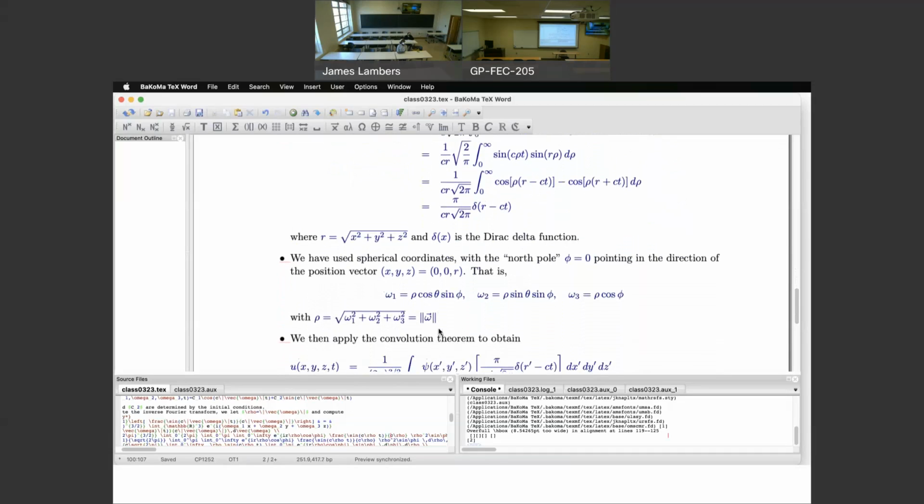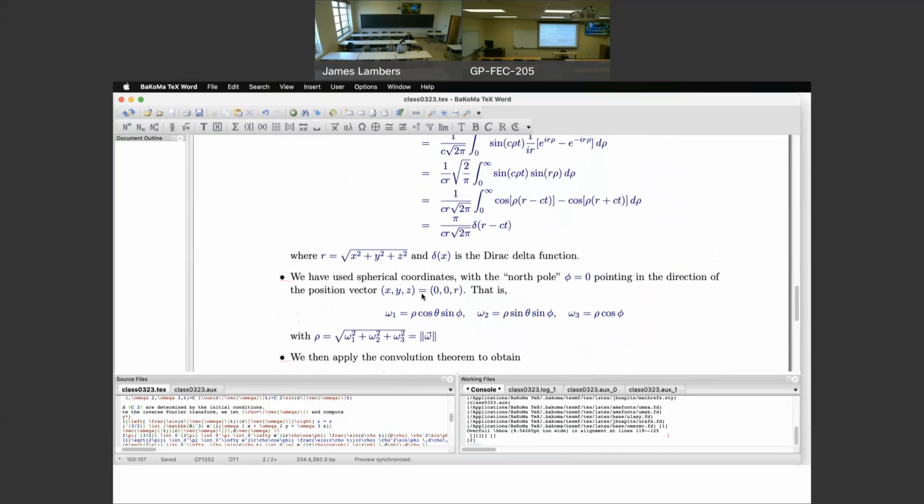In regular spherical coordinates, the north pole, phi equals 0, points in a direction, it points straight up. So in the direction of vector 0, 0, 1. Here, the north pole is oriented to x, y, z.